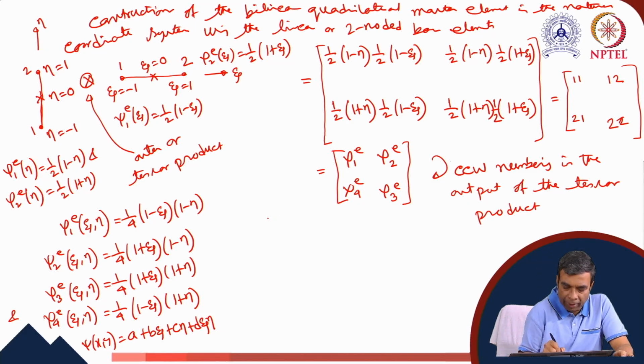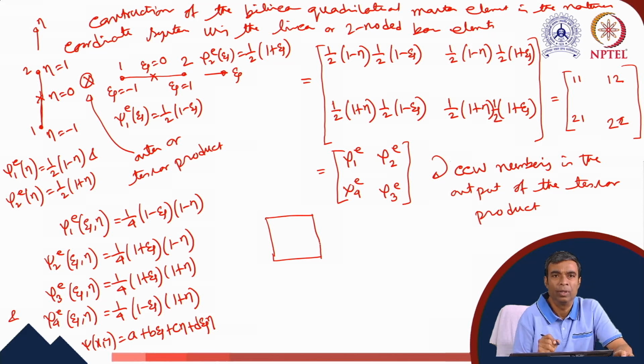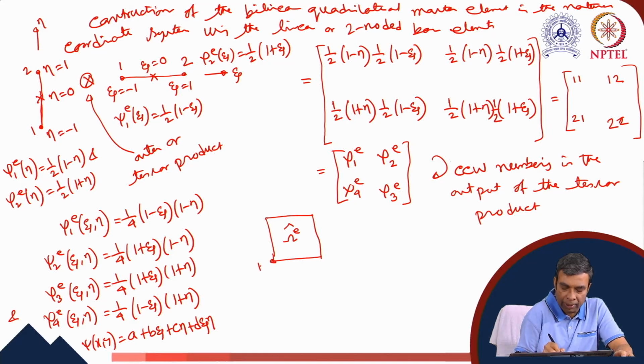Now our bilinear quadrilateral element, that is constructed by taking the outer product of the two noded bar elements, is the master element. We denote it by the symbol omega e cap. Its local nodes are 1, 2, 3, and 4. So we construct the coordinates from the coordinates of the corresponding two noded bar elements. So this coordinate is -1, -1.